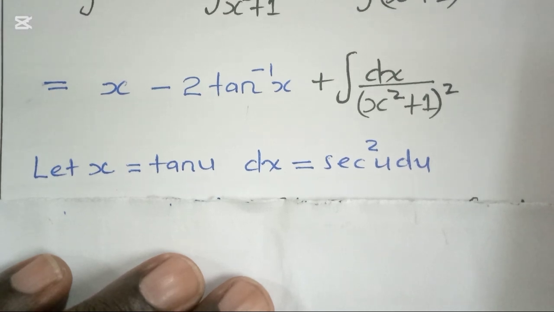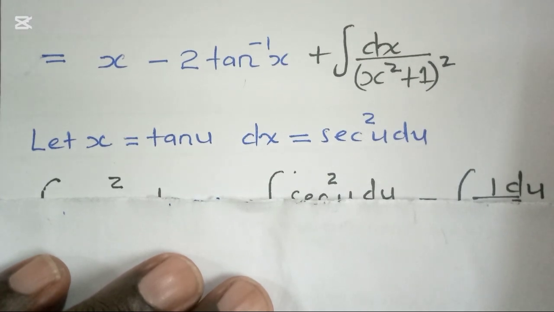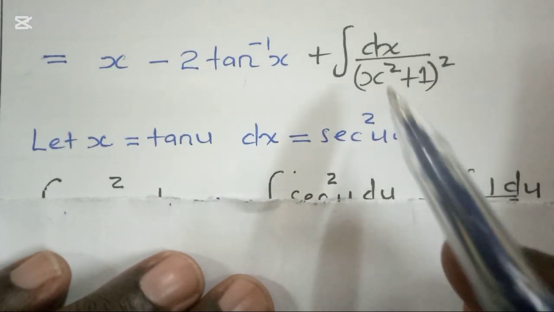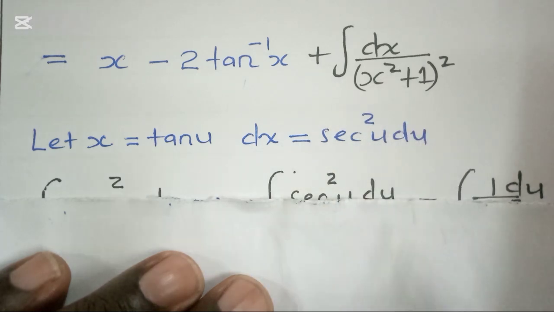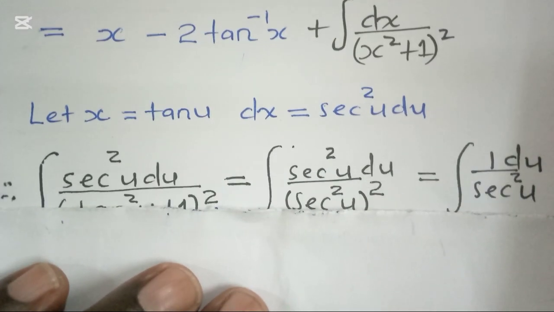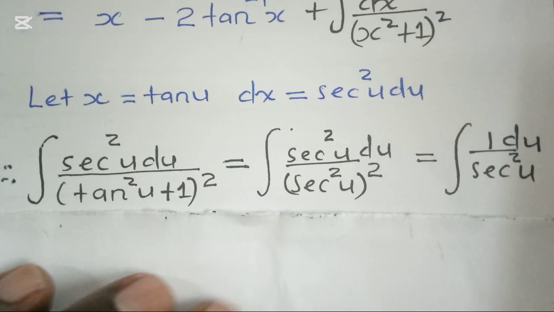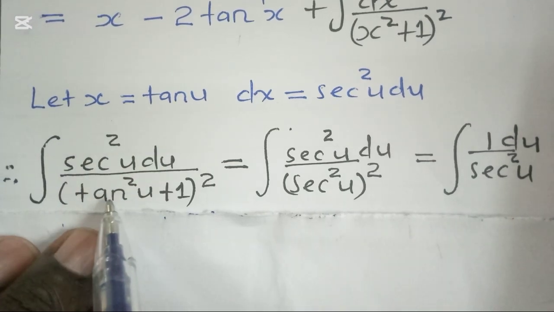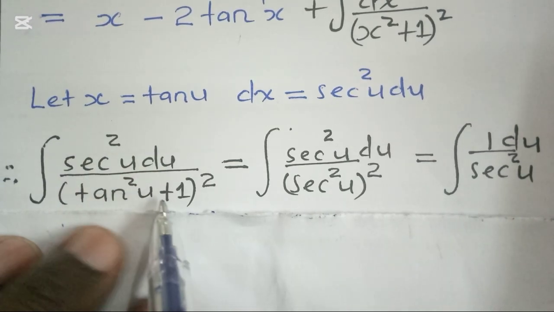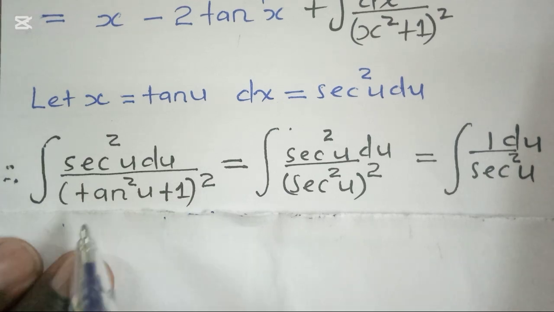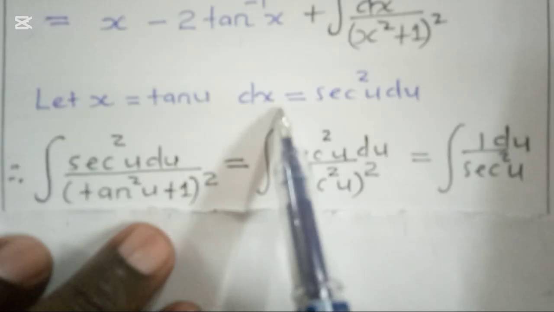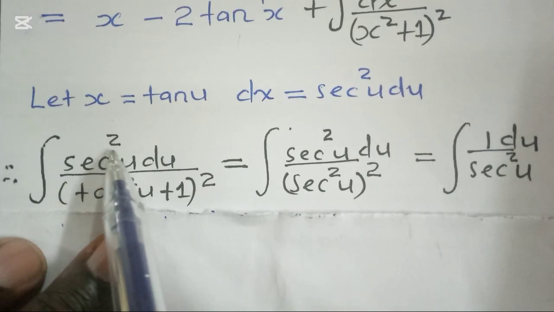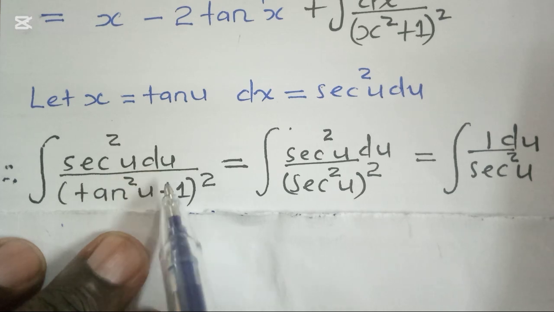From there, we continue. We can now replace for dx, and we can also replace for x squared. When we do that, we are going to have tan squared u plus 1, all squared, and for dx we replace with sec squared u du.